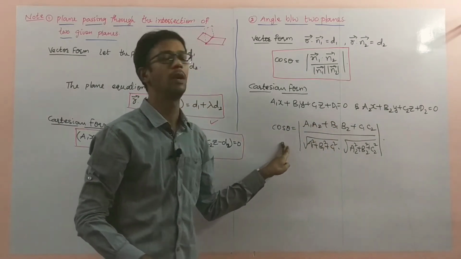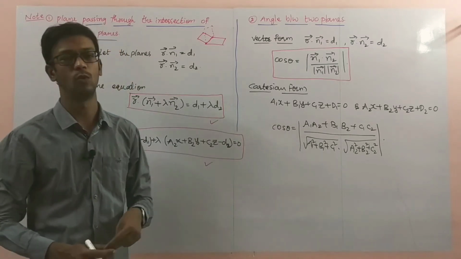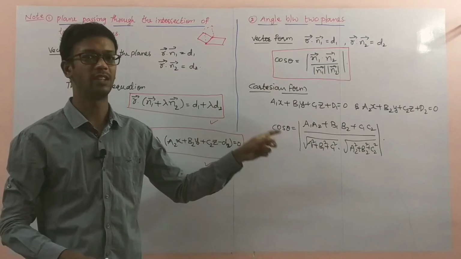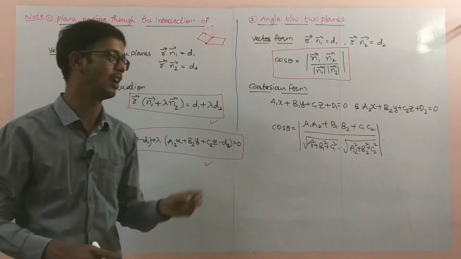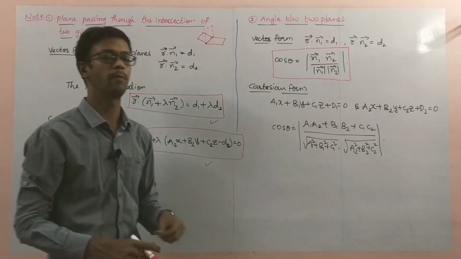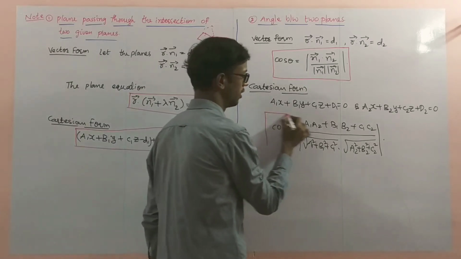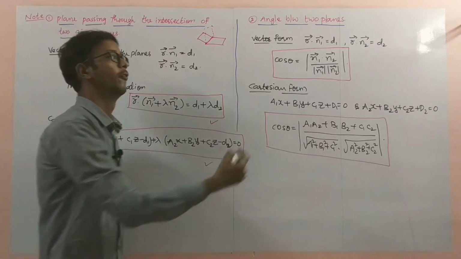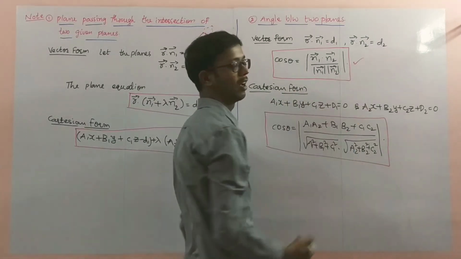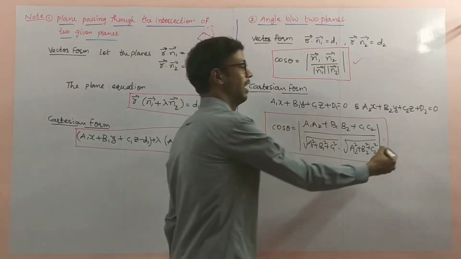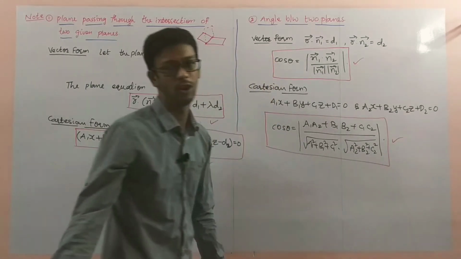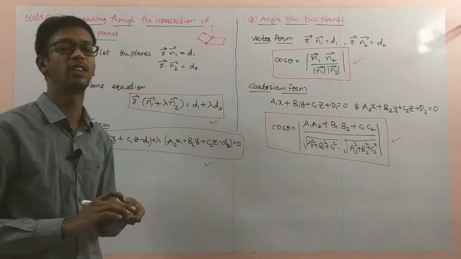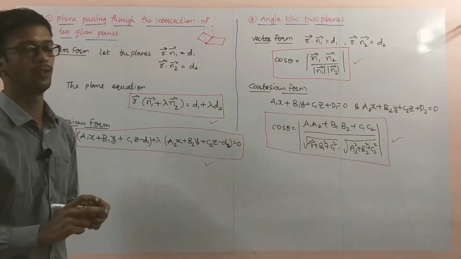Then cos theta is a1 a2 plus b1 b2 plus c1 c2 by square root of a1 square plus b1 square plus c1 square into square root of a2 square plus b2 square plus c2 square. This is cos theta, the angle between two planes. When vector form is there, you use that formula, and when Cartesian form is there, you use this formula. Based upon these formulas, there are example problems. Now we'll see that. Pause the video to note it down.